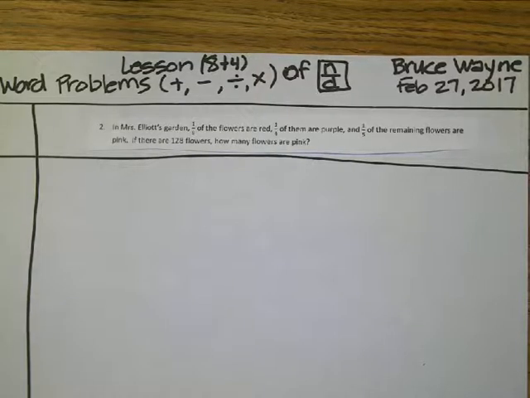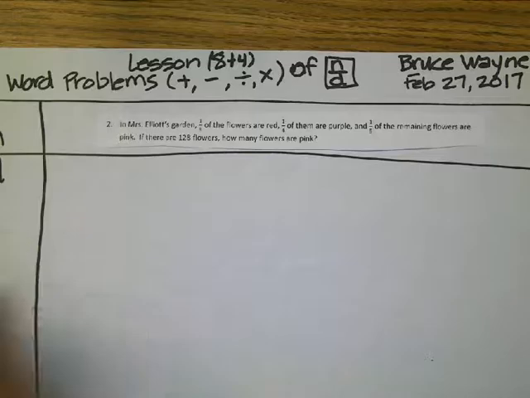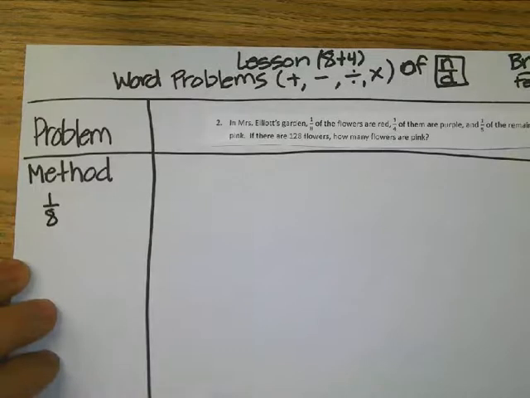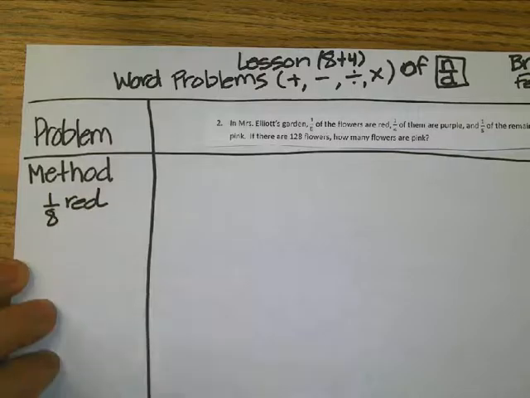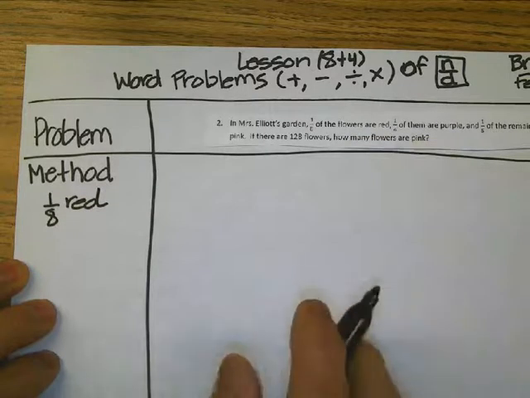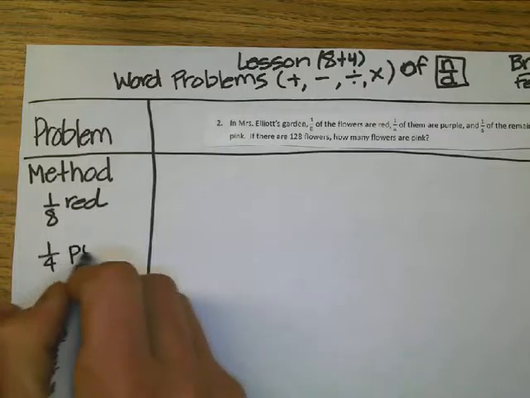Okay, so let's get the information out. 1/8 of the flowers are red. And 1/4 are purple. So 1/4 of the flowers are purple.